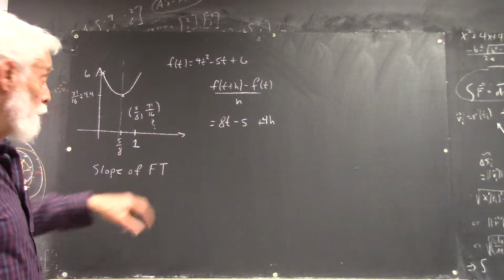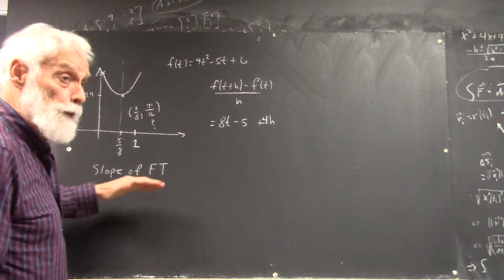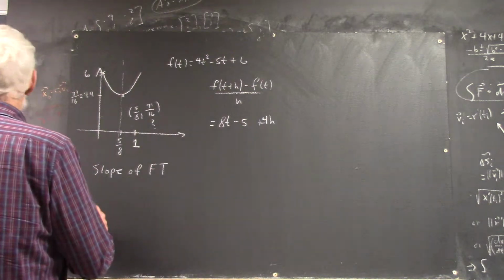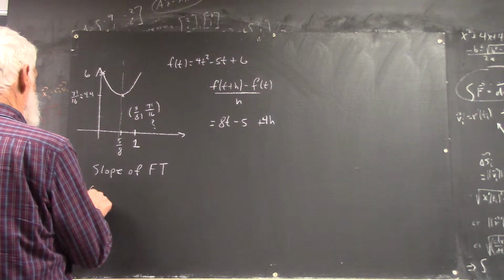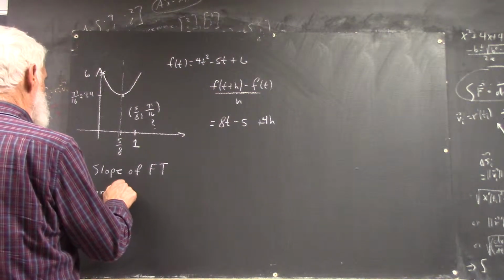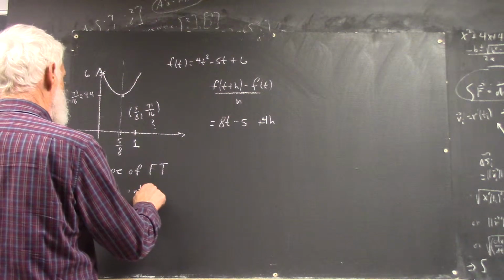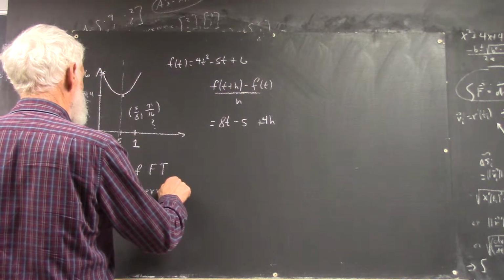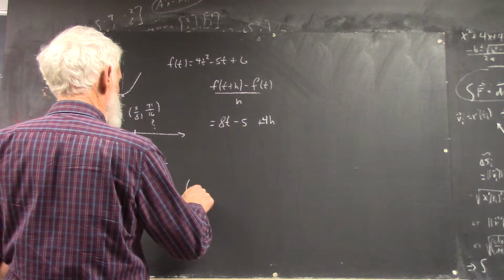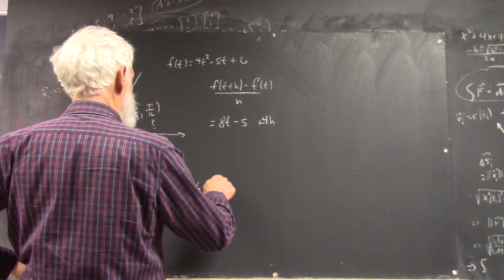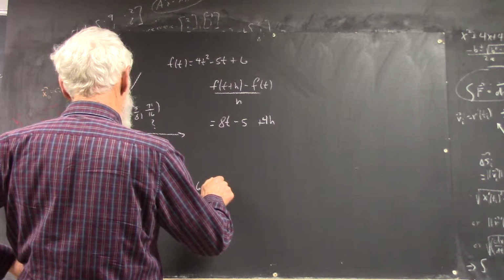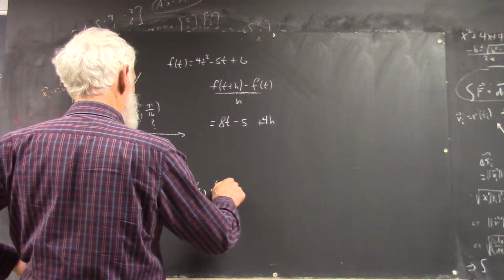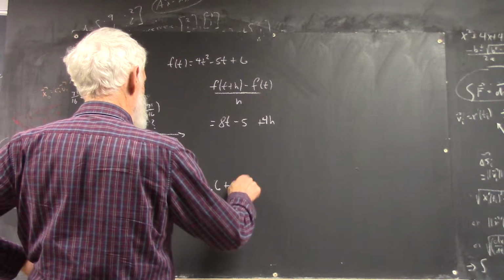Slope of the fundamental triangle. Now, what I want is the slope of the fundamental triangle for the t interval 0.6 plus 0.1.